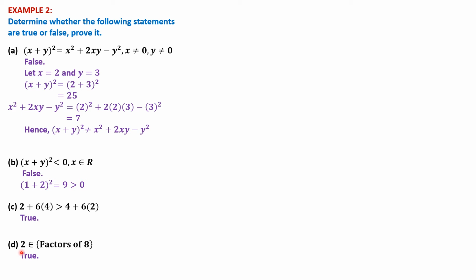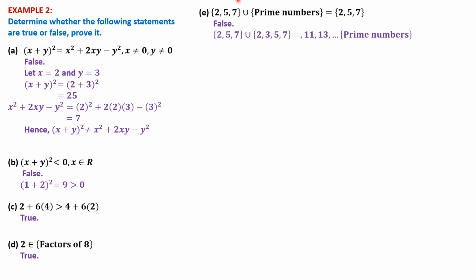And then we look at D. 2 is an element of factors of 8. This one is still true. Why? Because 8 can be divided exactly by 2. So this one is true.